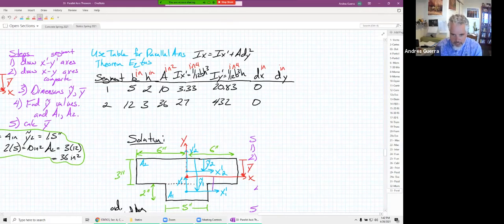So that would be this distance here. That is dy for segment 1. This distance here between x and x prime, that is dy for segment 2.